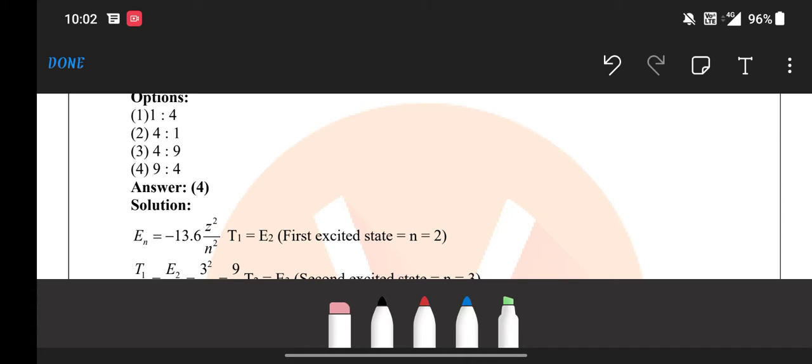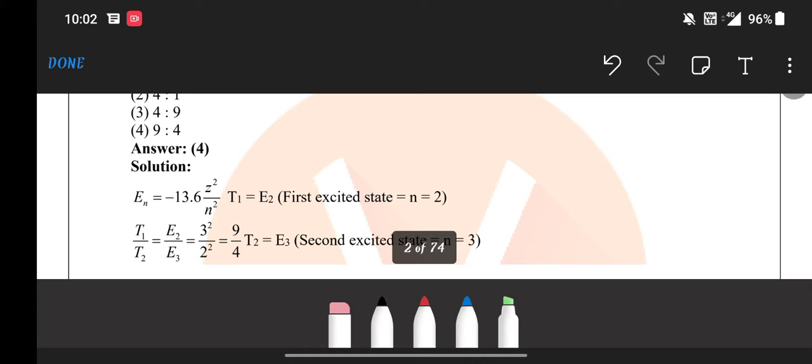So En is equal to minus 13.6 Z square by n square. Therefore T1 is equal to E2, the first excited state, that is n is equal to 2. Then T2 is equal to E3, the second excited state, n is equal to 3.